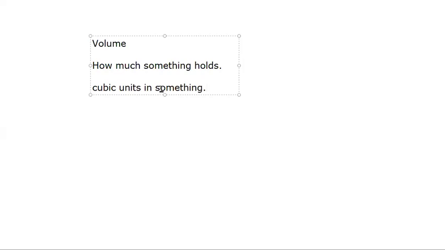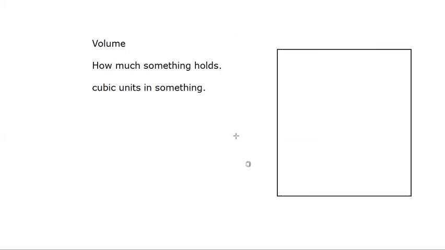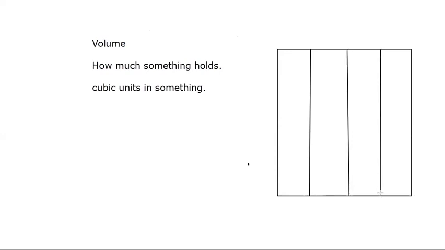So a square, remember, was a square unit. So in the area of a square, we measured in square units. And that is how many littler squares, or smaller squares that are 1 unit by 1 unit, something will hold.